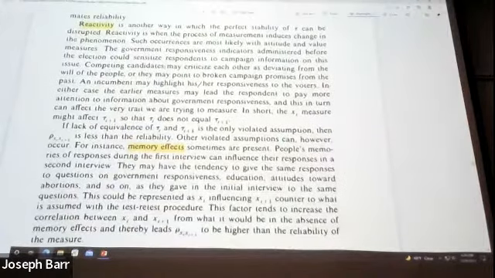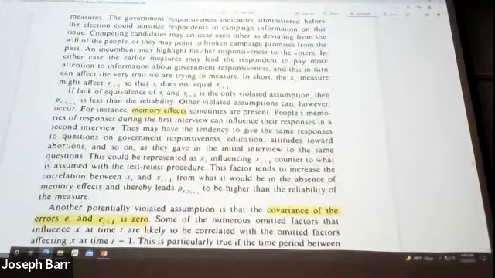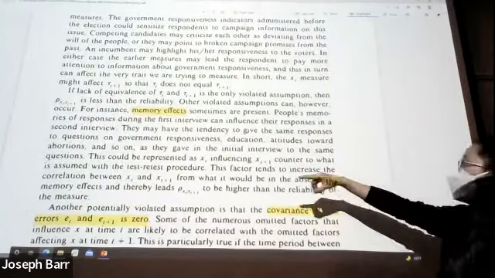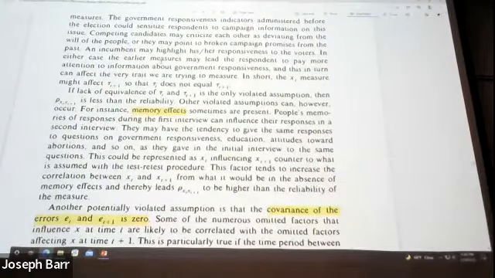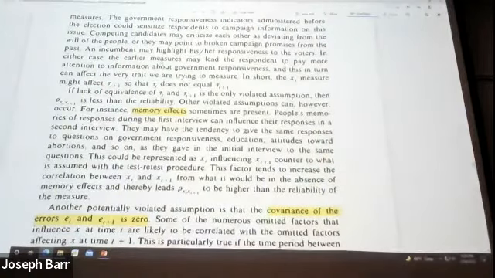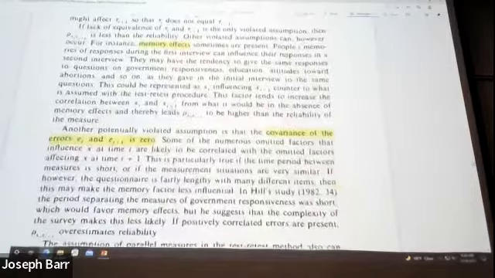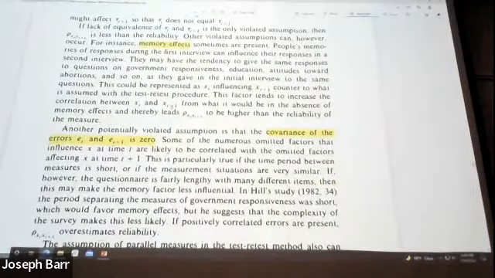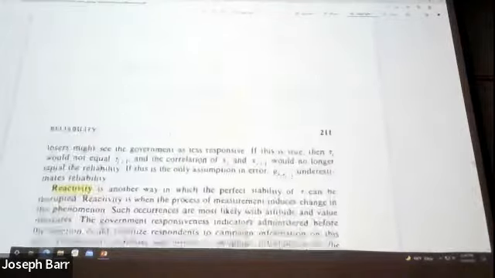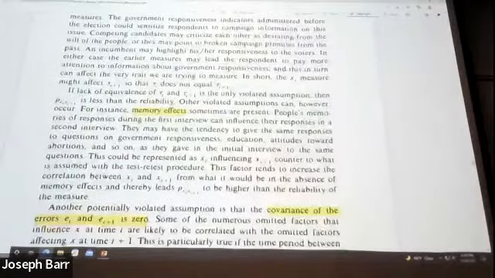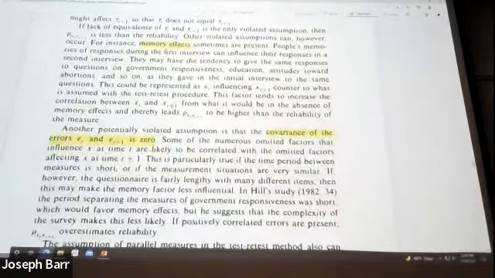And memory effects will violate the assumptions of the test-retest form. If you want, you can read through these paragraphs. A lot of factors influence the assumption, so a lot of your highlighted selections could be used for your answers. I just want to give you some hints.